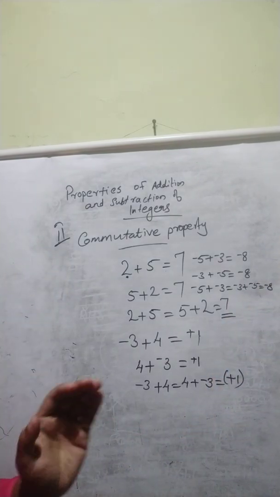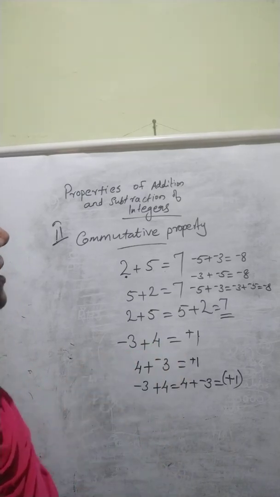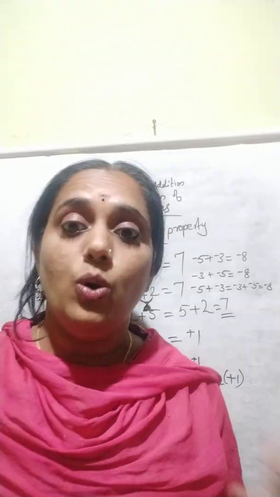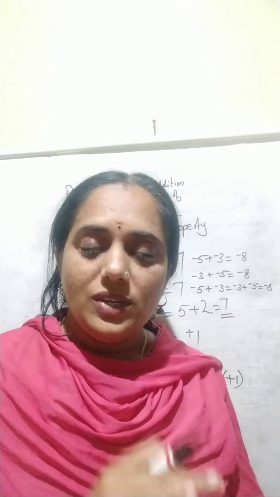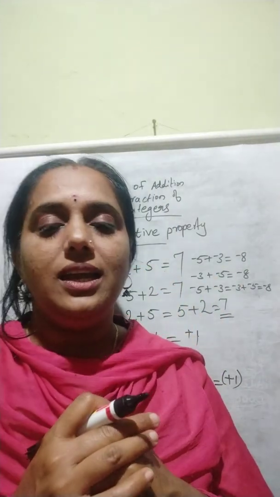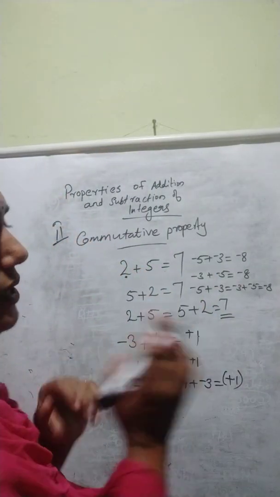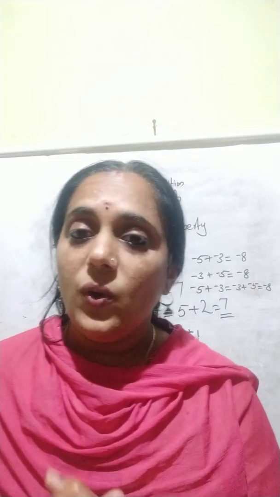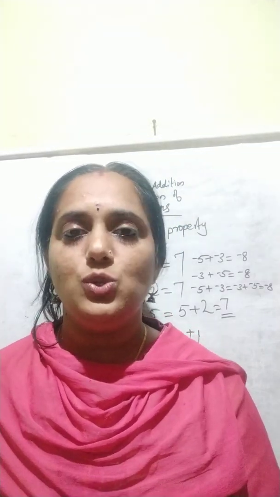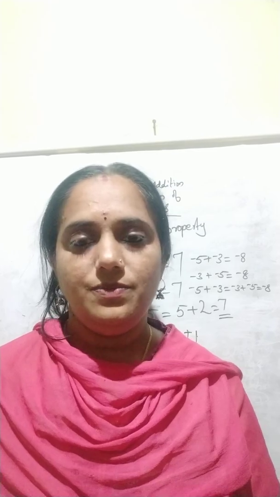That means we can add integers in any order. The first number we can add with the second number, or in any order. That is, 1 plus 4 is equal to 4 plus 1 is equal to 5. Both are equal. Clear?